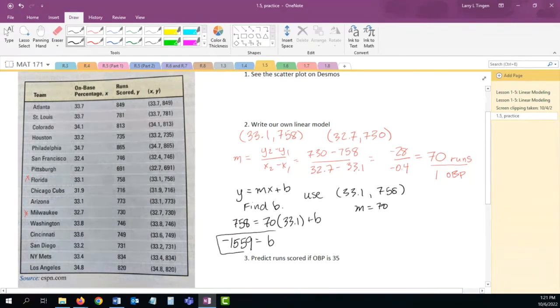There's b, there's m. So the equation that I have found, the linear model I have created, is y equals 70x minus 1,559. Now, let's talk about what this means, because this is a pretty big deal.